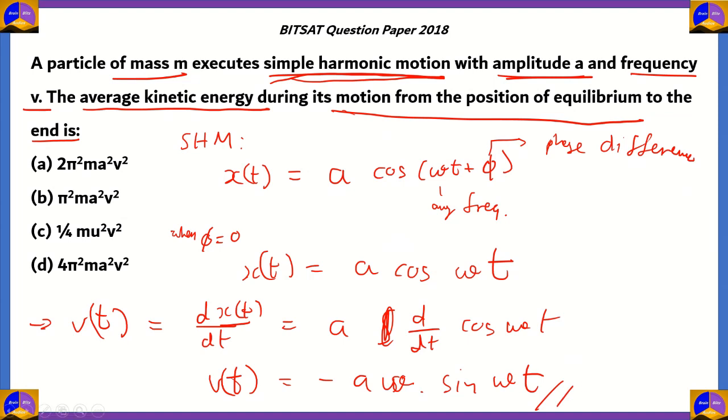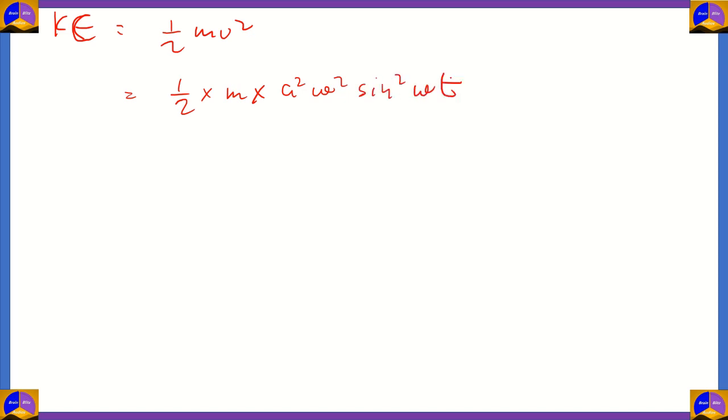So now that we've got the velocity, we will apply the formula for kinetic energy. Kinetic energy KE is given as half m v squared. So that will be half times m times a squared omega squared sine squared omega t.